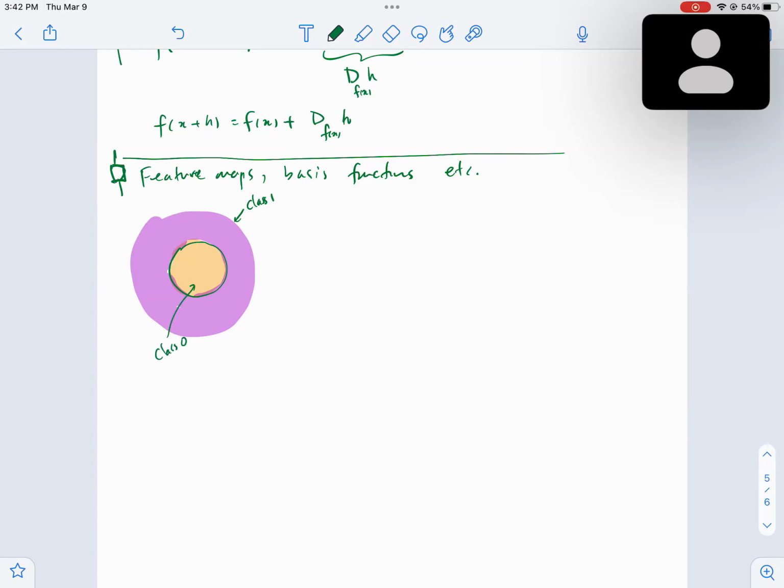Is there a simple modification I might be able to make? Let's say this is really a circle: the set that maps to class 0, in two dimensions, is given by a circle. This is the situation.